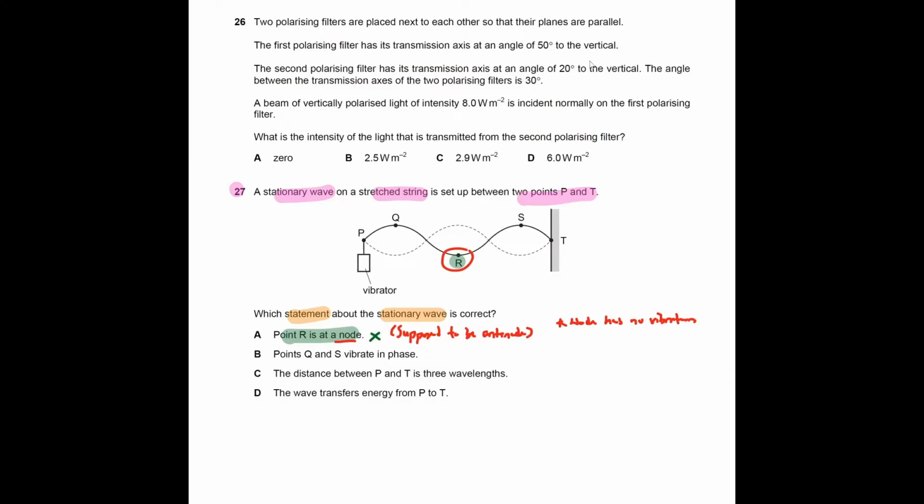And then after that, you look at statement B, points Q and S vibrate in phase. This one is correct because what you can see here is that points in adjacent loops vibrate 180 degrees out of phase.